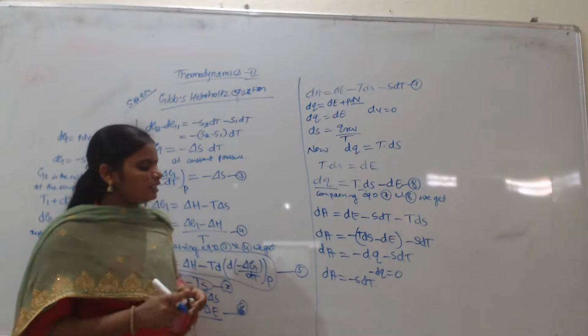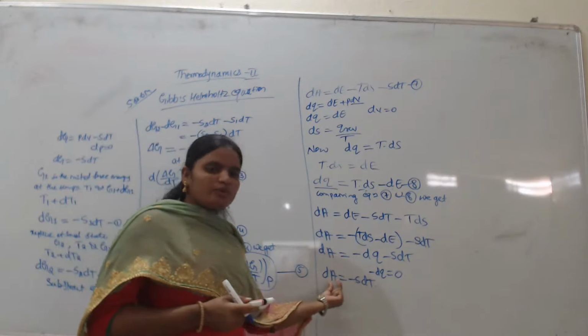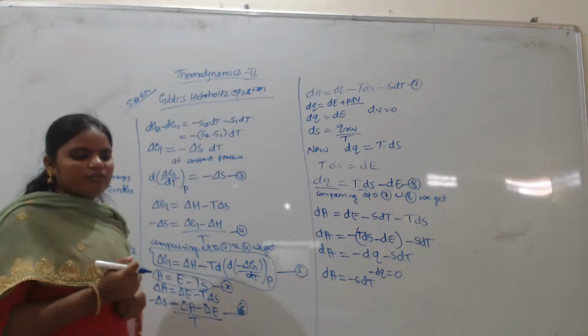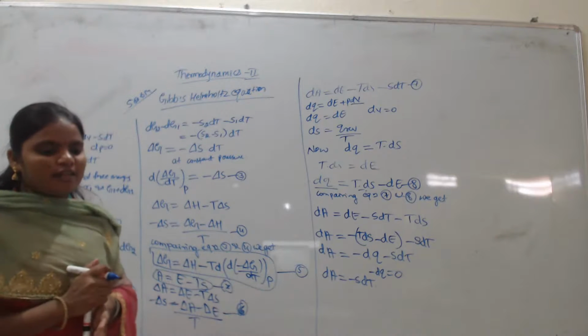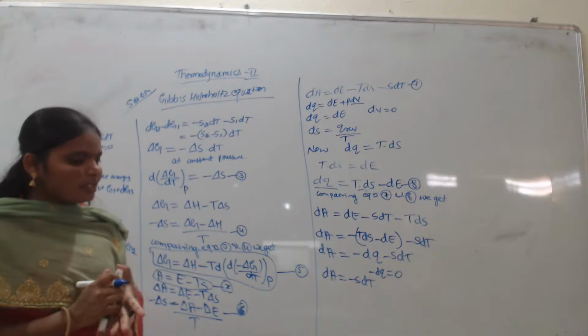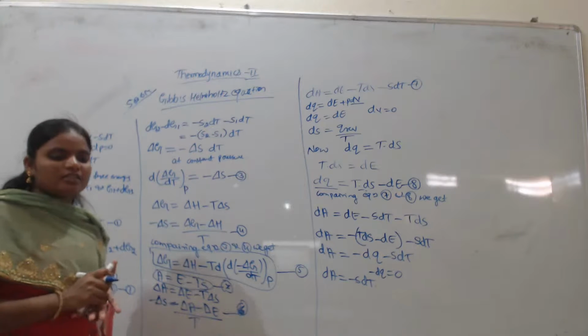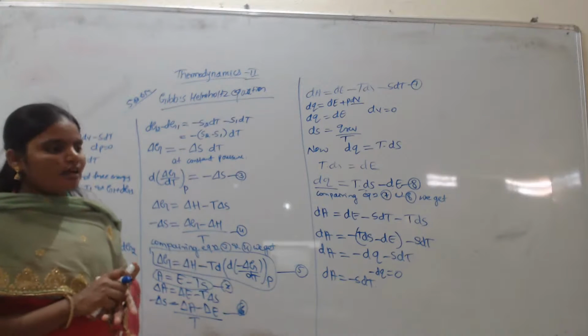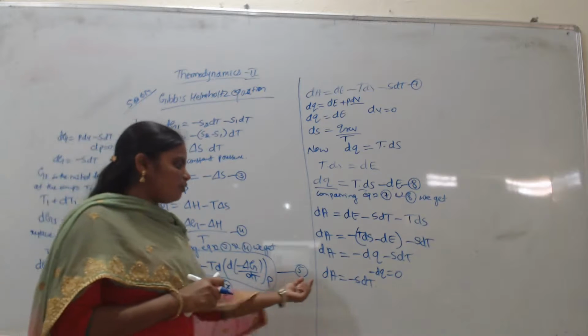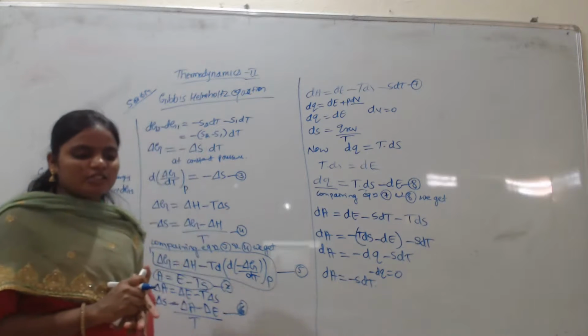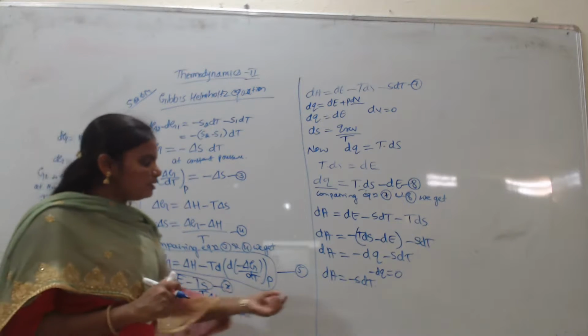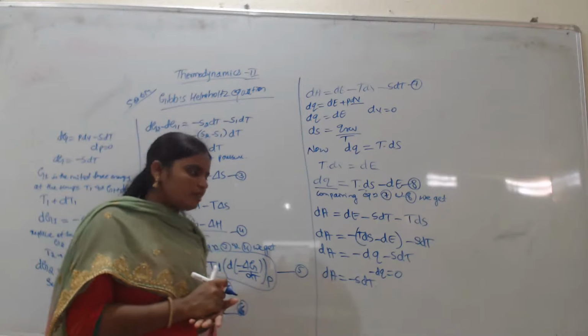And so here, A1 to A2 is the work function at its initial and final state at the temperature T. A1 plus dA1 is the initial state and A2 plus dA2 is the final state.